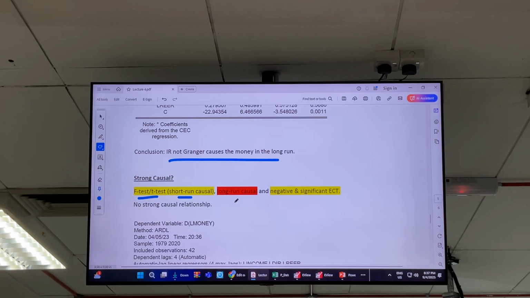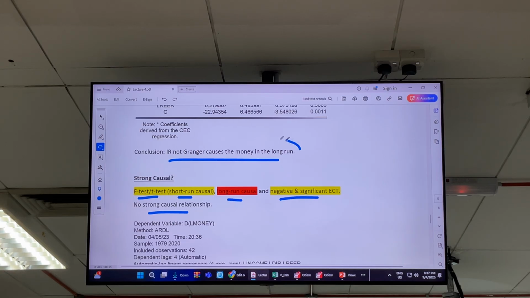Then how about the long run causality, and also the negative and significant ECT? All have to be significant. That only can say whether you have the strong causal relationship or not.